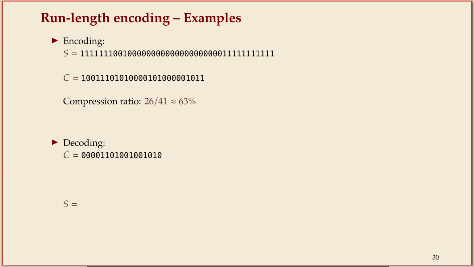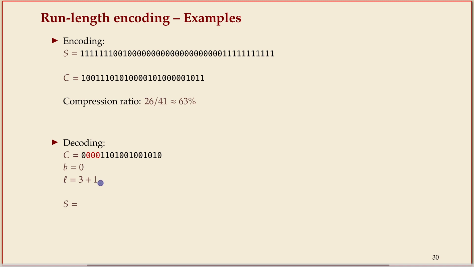Let's practice decoding as well. It's the same game. We first find the first bit. That will give us the character that we start with. So it's a 0. Then we find, after this first bit, excluding this first bit, the length of the first run. It has 3 zeros.